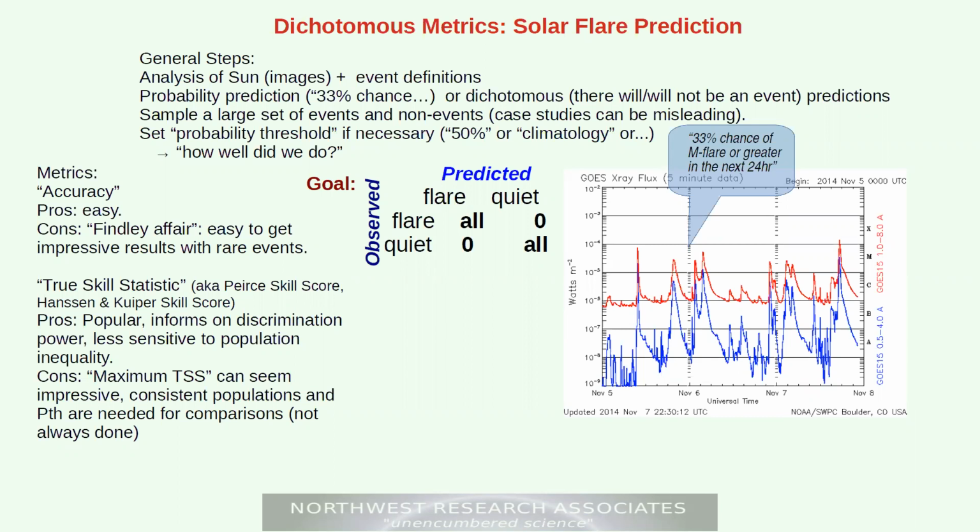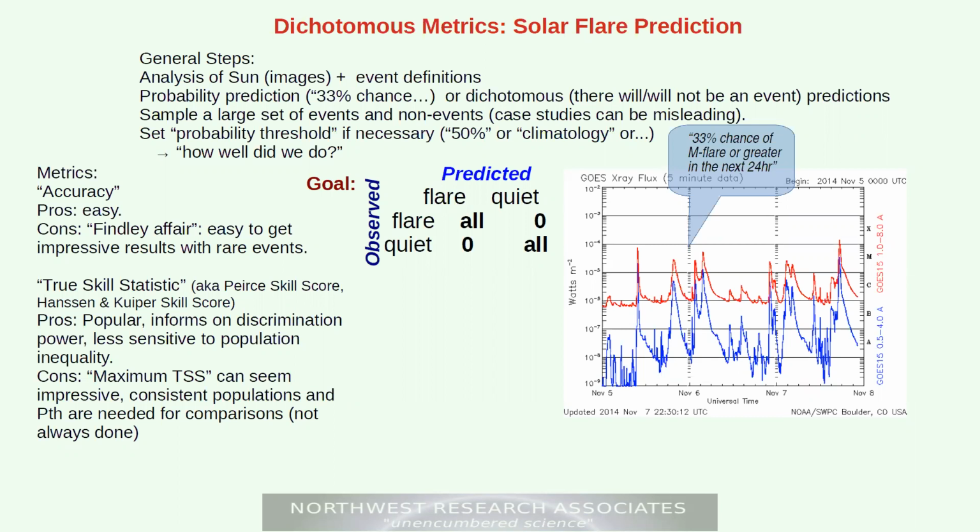So this is one thing that we get into quite a bit with the rare events on the sun: how do you show that you're doing better than if you knew nothing, or than climatology, what's happened over the last 20 years? If I just use that as a prediction, how can I do any better than that?